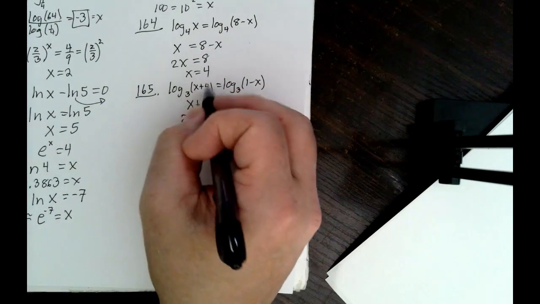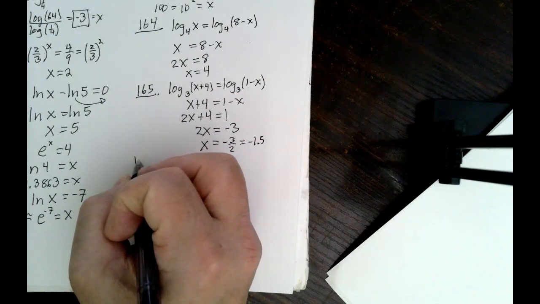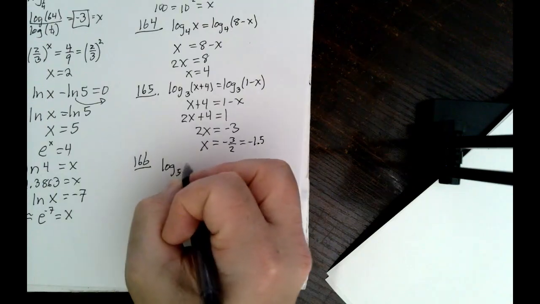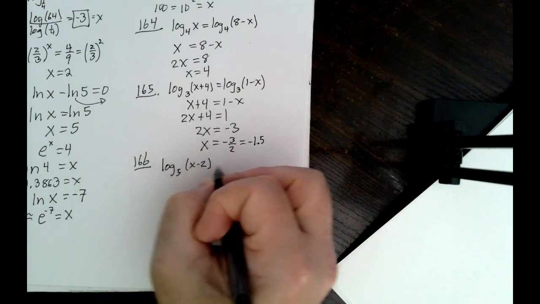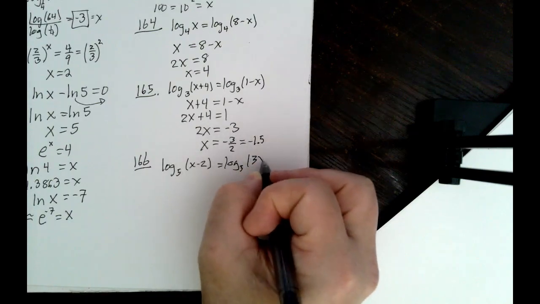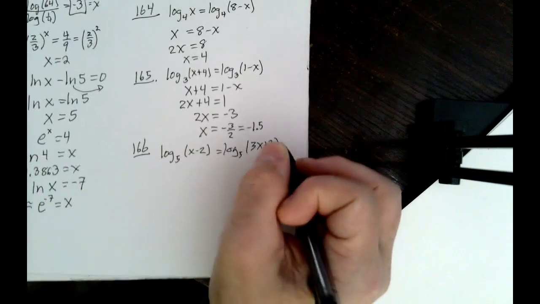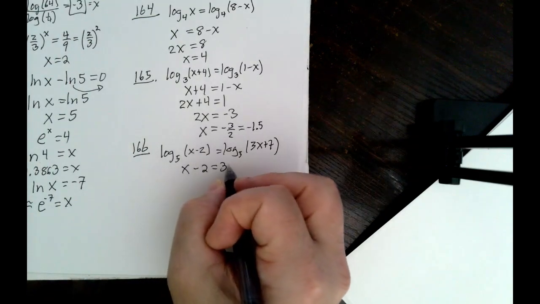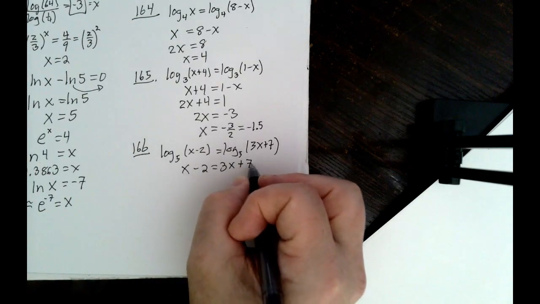Alright, 166, log base 5 of x minus 2 equals log base 5 of 3x plus 7. So you can take away the logs and set what's left equal to each other.